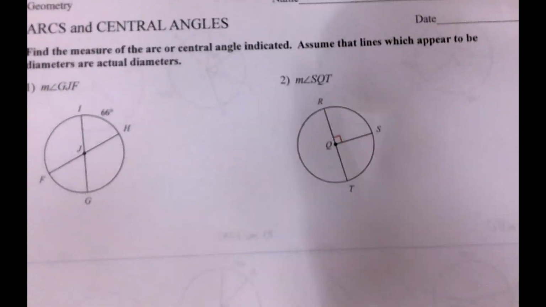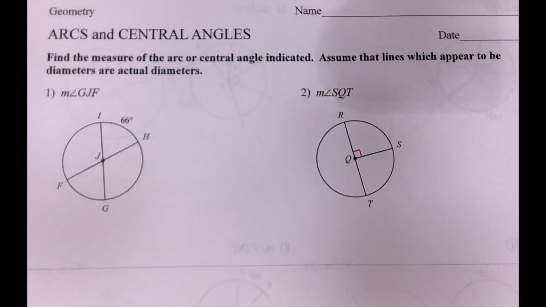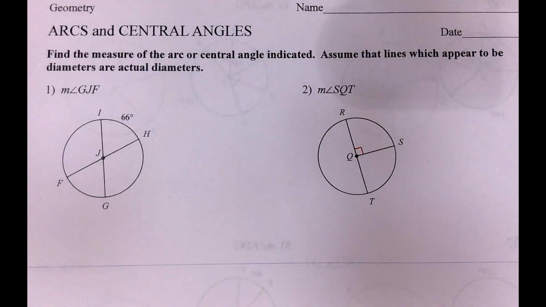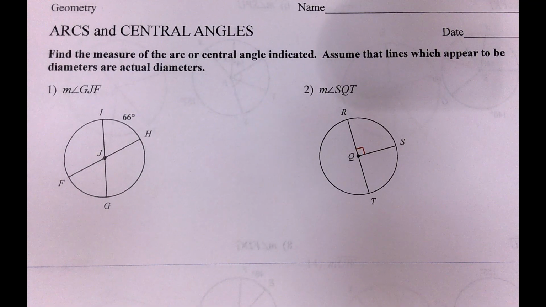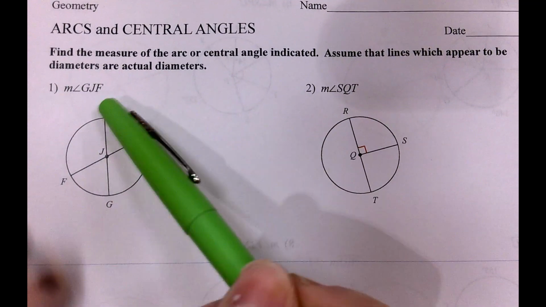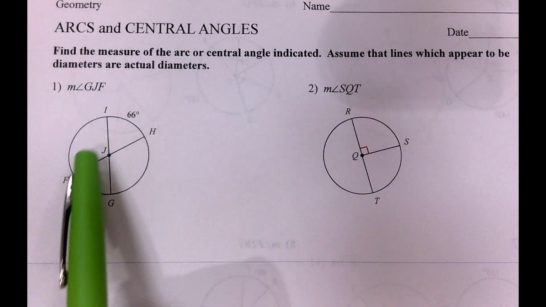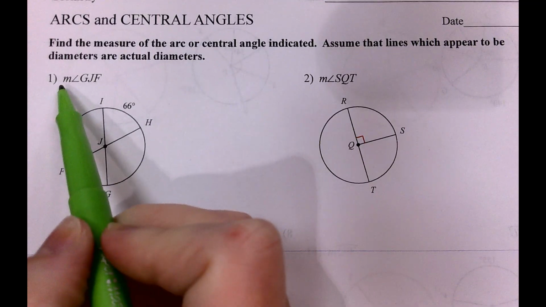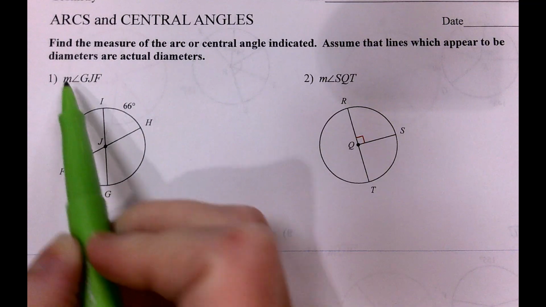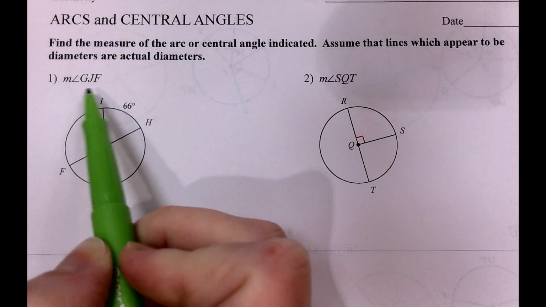And we are going to be talking today about arcs and central angles. So you're going to see a few different things on here, and we will take a few notes to kind of help us with this. Notice that sometimes on this worksheet, you'll see something like measure of angle GJF.